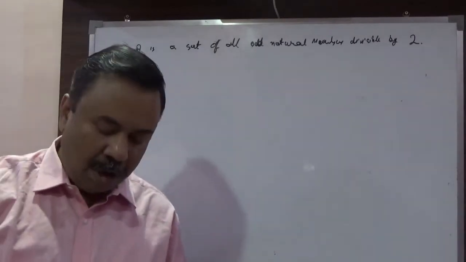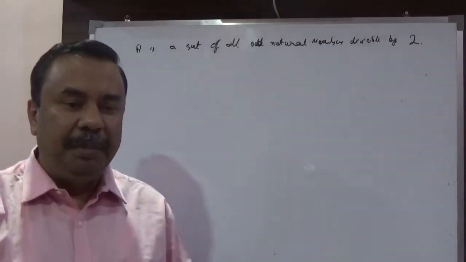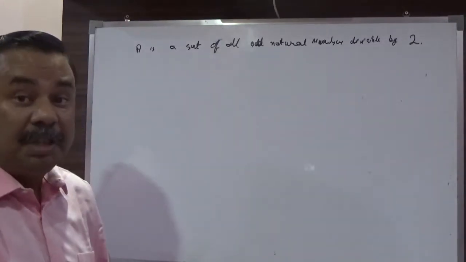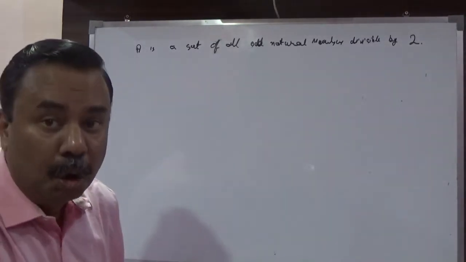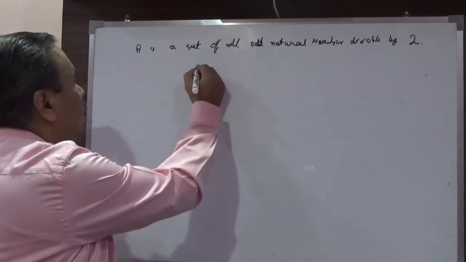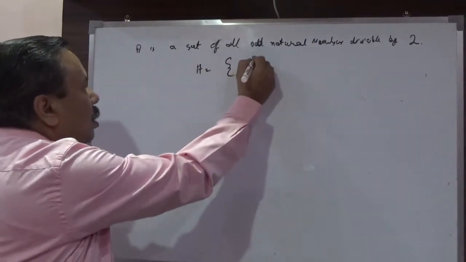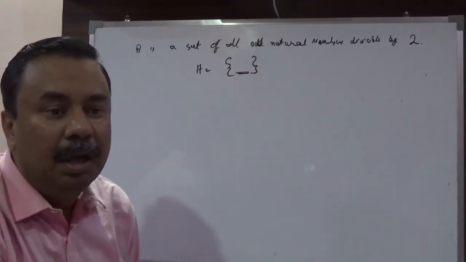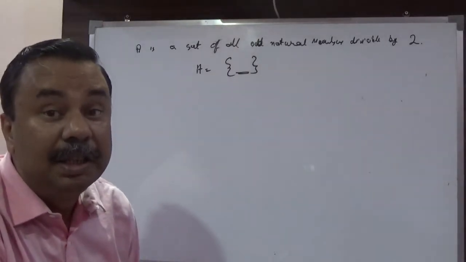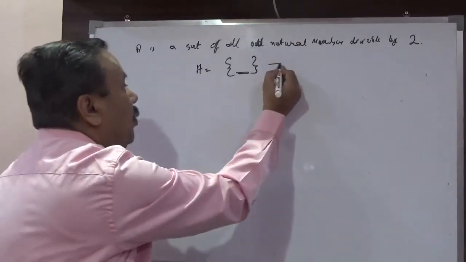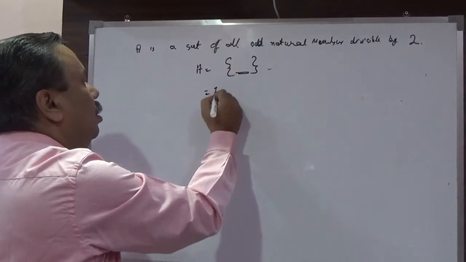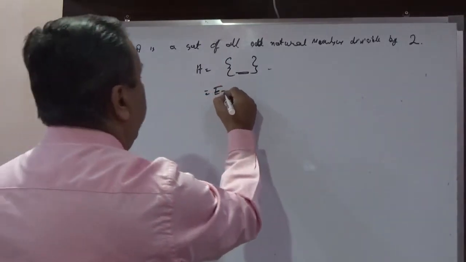Okay, what will be? Can you get any such number? Obviously the answer is no. So that means there will be no element in this A, and this type of set is called an empty set.